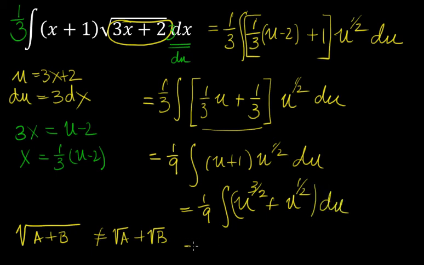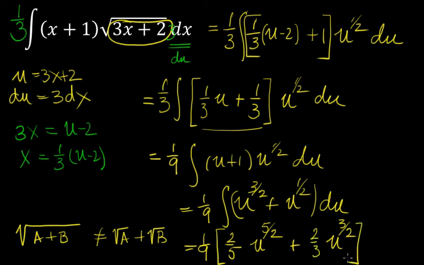And now I will integrate using the power rule. 1/9 times u to the 5/2, raising it by 1, multiplying by 2/5, the reciprocal of the new exponent, plus u to the 3/2 times 2/3. And now I want to put that in terms of x. So we need more room again.